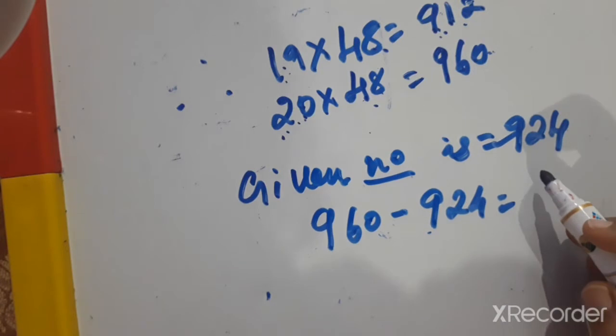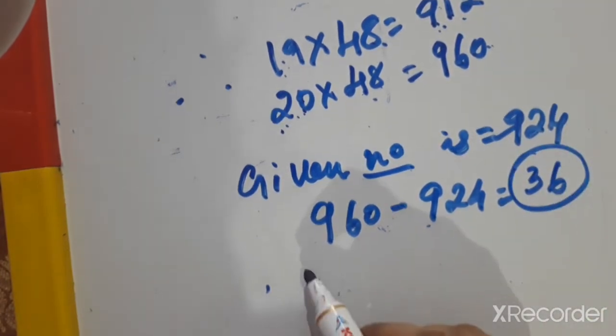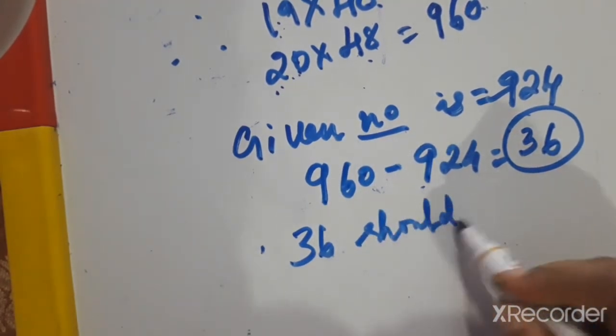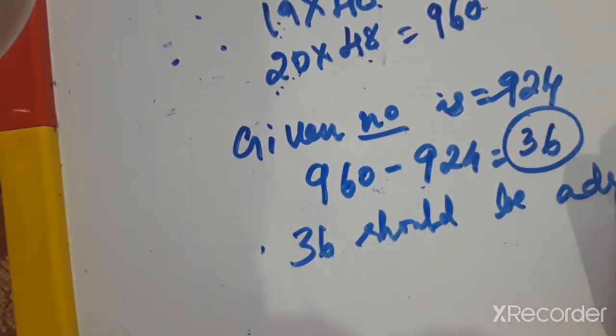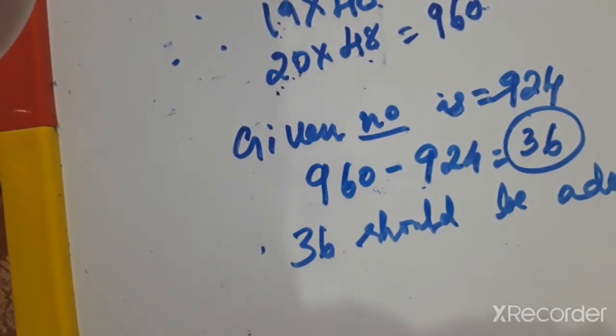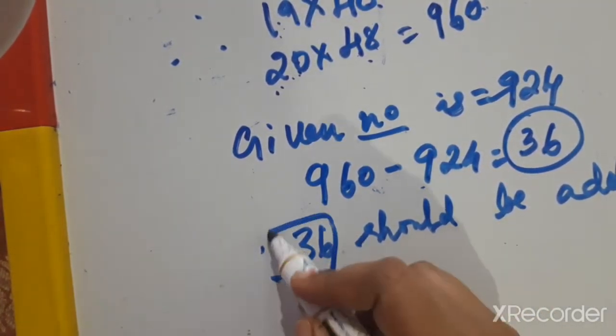So 960 minus 924 means 36. So 36 should be added to 924 to make it exactly divisible by 48. So the answer is 36.